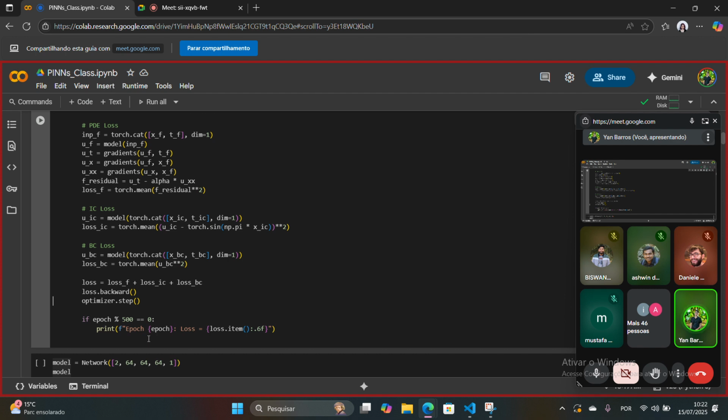When we do this, we are telling the neural network: you are trying to optimize the difference between the real value of the PDE, the real value of the initial conditions, and the real values of the boundary conditions, and the predictions of the model. So the model will try to obey all of those conditions. We are not just training with the data, but we are training with the physics conditions.